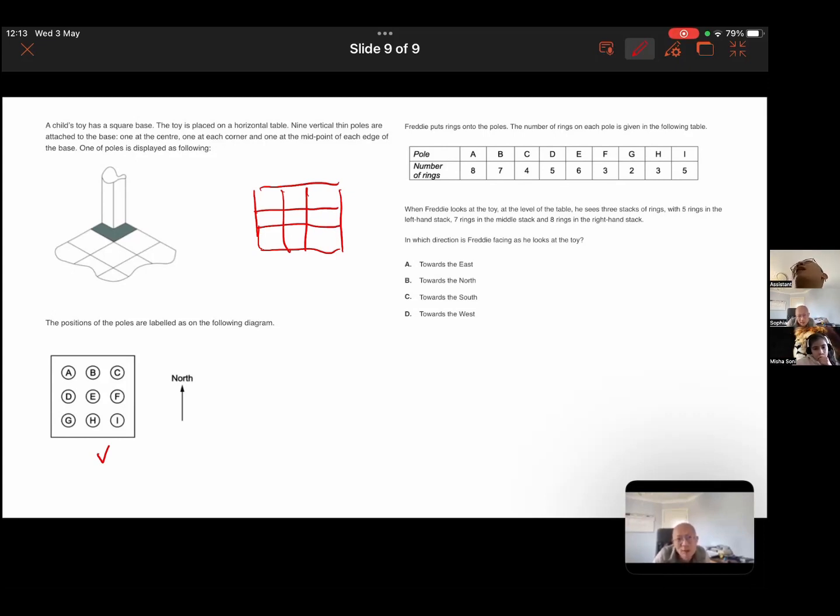Imagine that in your mind. You have a square table, you put it horizontally on the table, then you have the pole standing up there. So that's showing the top corner.